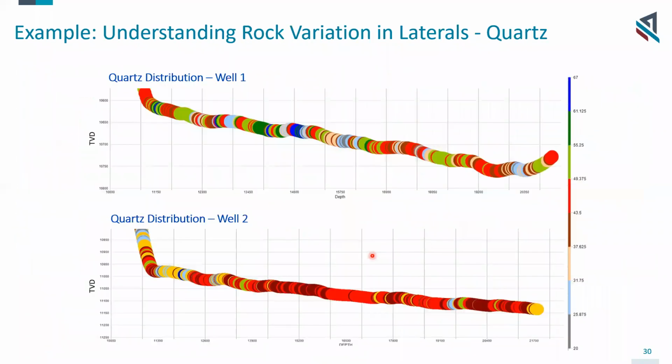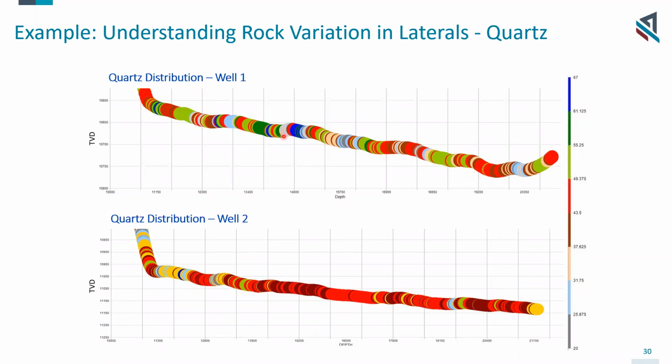So looking at the individual plots, we've got a comparison of two wells here, two horizontals. The top one is showing quartz distribution.